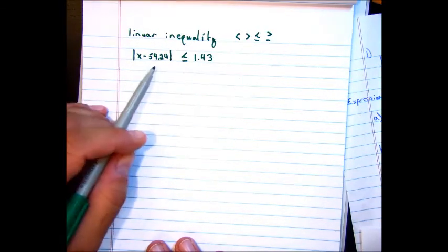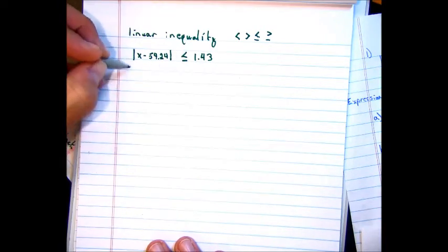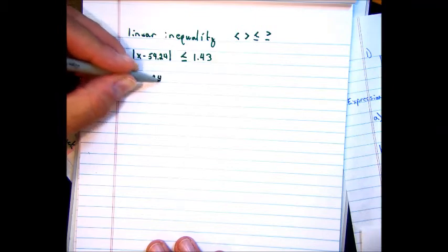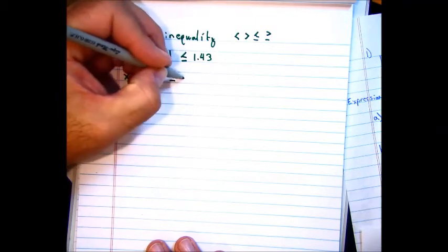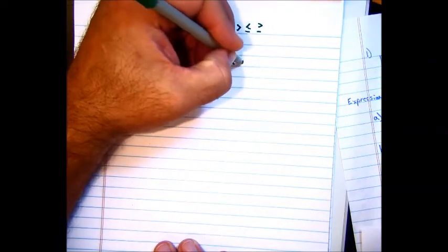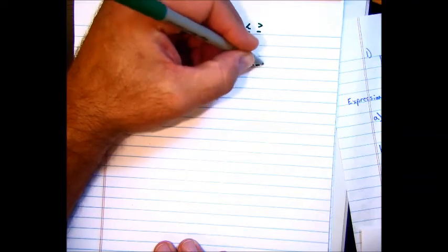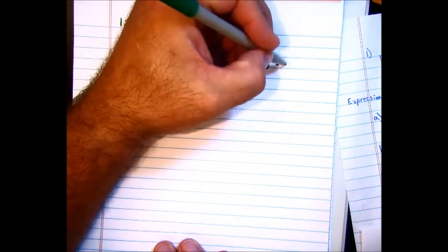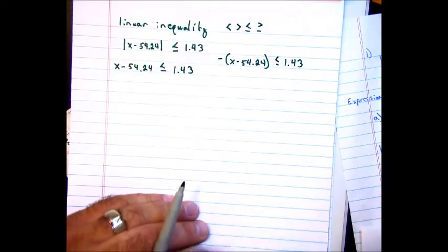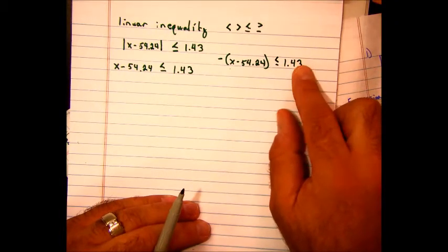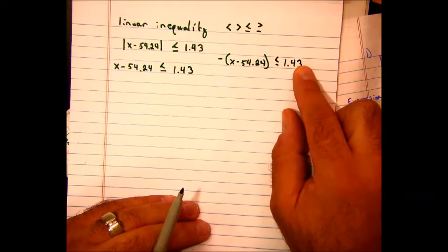So I have to unzip this. When I unzip this one, I get x minus 54.24 is less than or equal to 1.43. And then I have to write its negative. Now remember, this step is in the book, but you don't have to do it. It's understanding that this can be positive and then negative. But here's the catch.